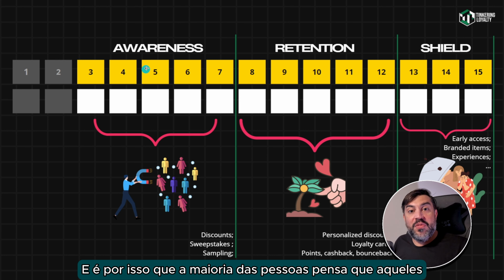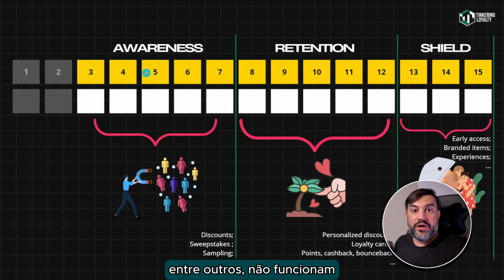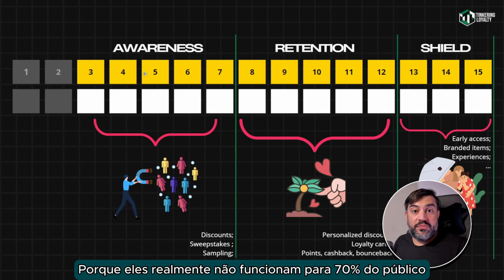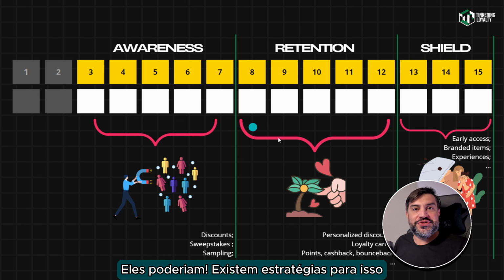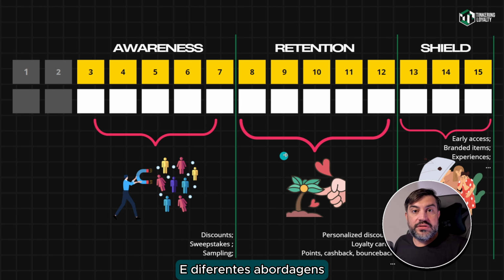And that's why most people think that those loyalty cards or point programs and whatever don't work, because they really don't work for 70% of the audience. They could. There are strategies for that, but most brands don't have this simple exercise and different approaches.